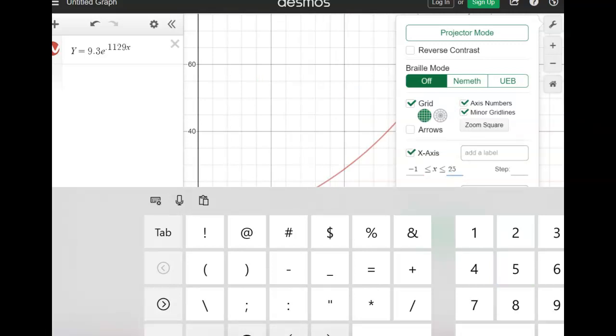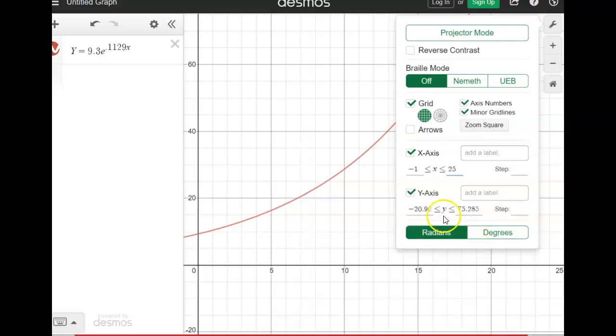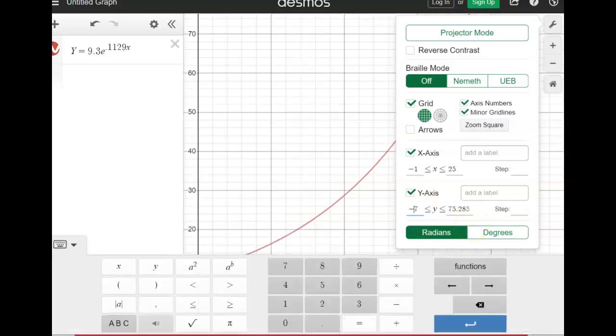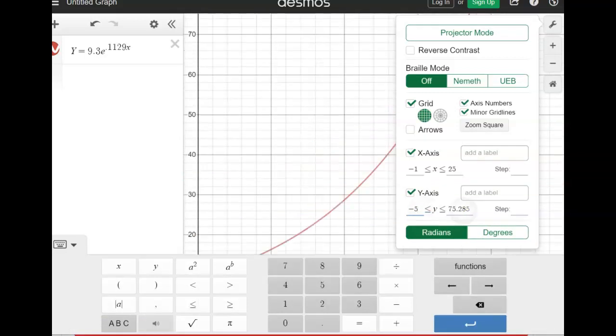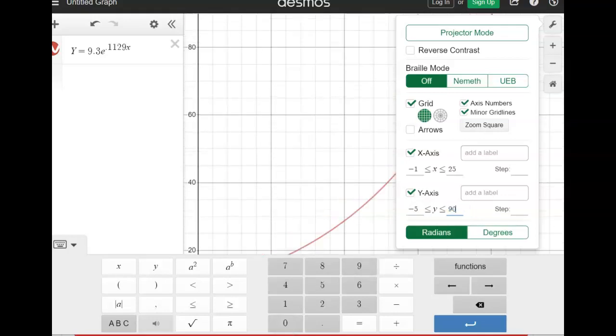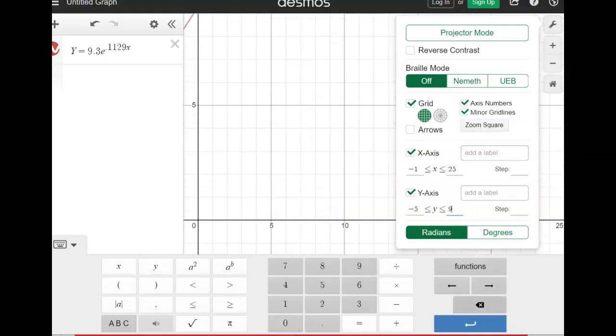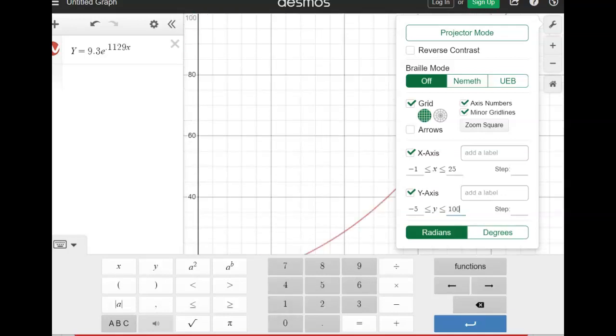And then we are going to change the y-axis. So let's start with, I don't know, -5. And then the highest, let's try 90. Or actually, let's try 100.